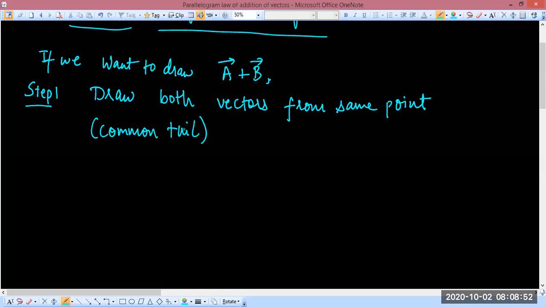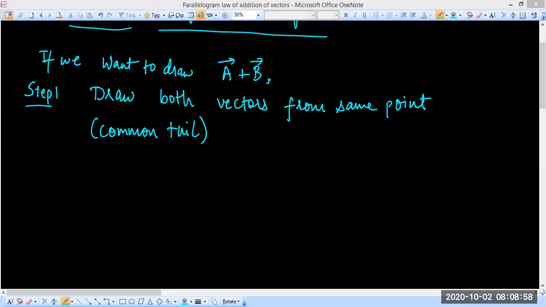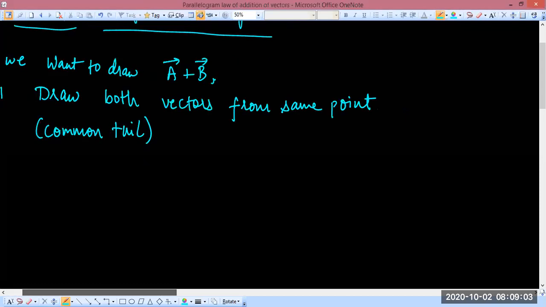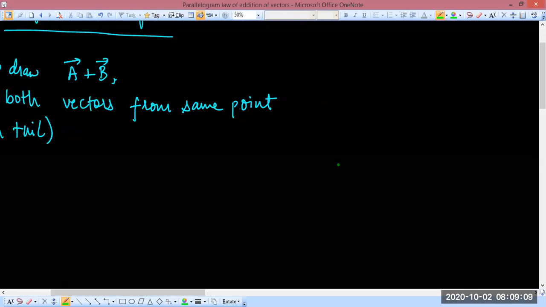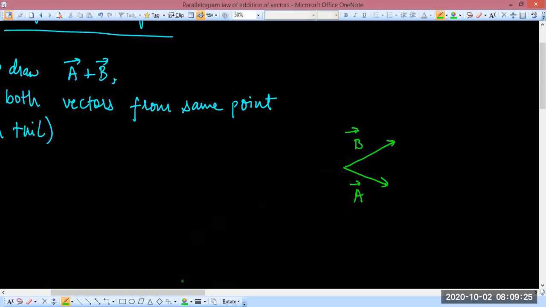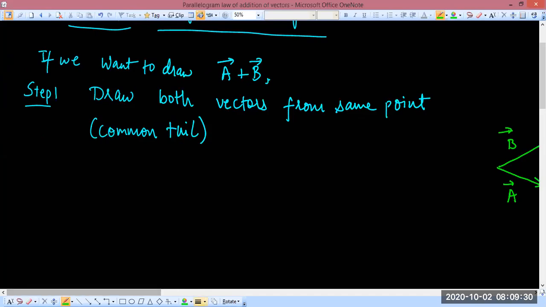So step 1, draw both vectors with common tail. Okay, so let's see what it would look like. Let's say that this is vector A, and let's say that this is vector B. All right. Okay, so we have drawn both of those from the same point or from the common tail, right? They have a common tail.